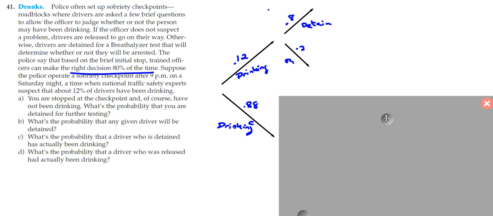So it's that they make the right decision, which is a little vague until you look at it in context. That's why you don't just look at the numbers, look at the whole problem, because otherwise you won't be able to figure this out. We go down below.